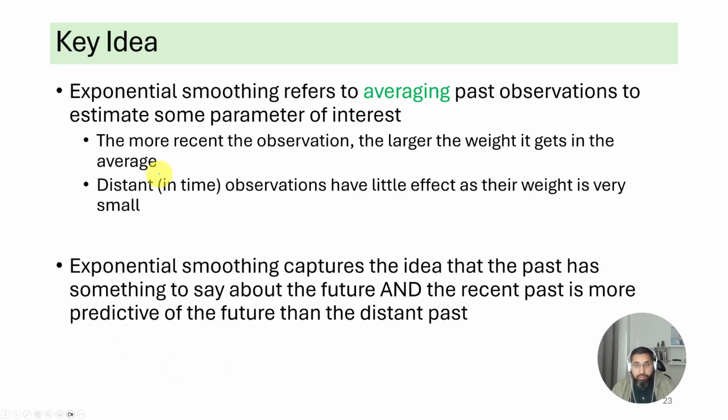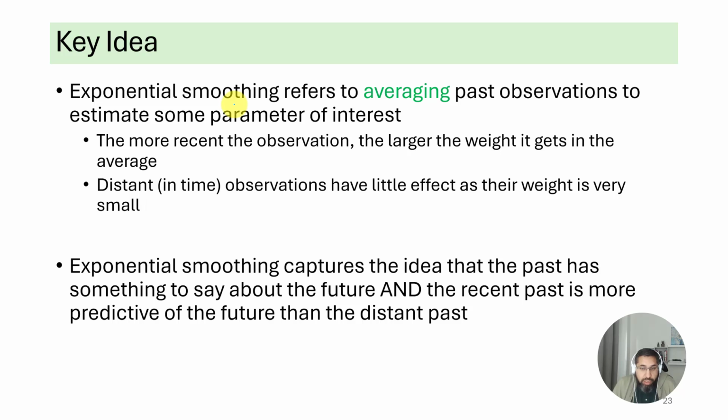Okay. So the main idea behind exponential smoothing is averaging past observations to estimate some parameter of interest. So you may want to estimate the trend component by averaging past observations. The other main idea in exponential smoothing is that recent observations are more important than very distant in time observations.